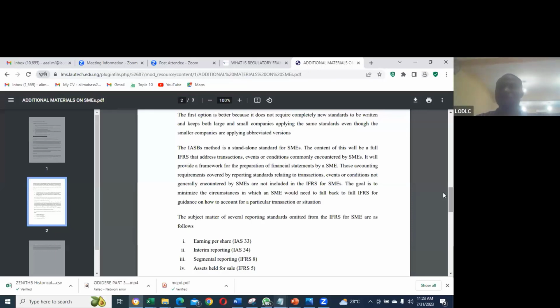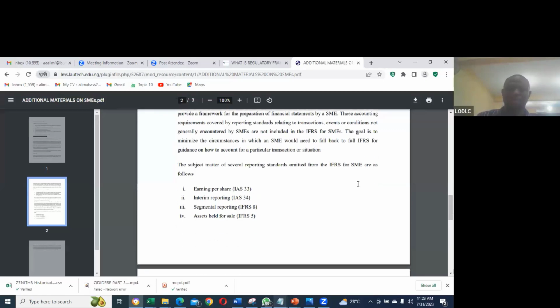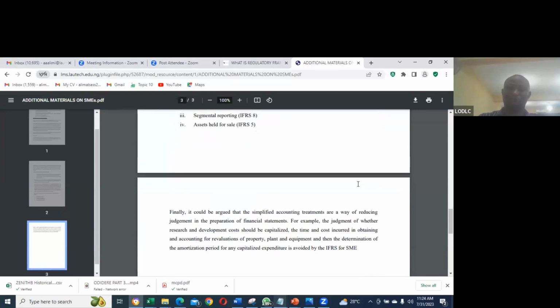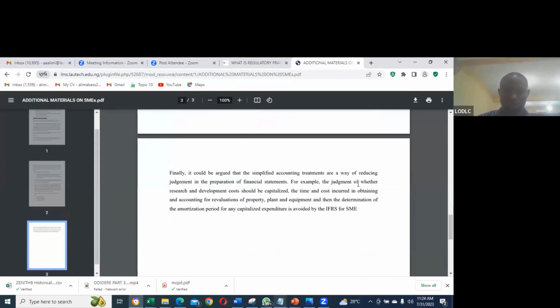The subject matter of several reporting standards is omitted from the IFRS for SMEs, as follows. So all this has been omitted. We have earnings per share, which is IAS 33. Interim reporting, IAS 34. Segmental reporting, IFRS 8. Assets held for sale, that's IFRS 5. All those have been excluded from IFRS for SMEs.